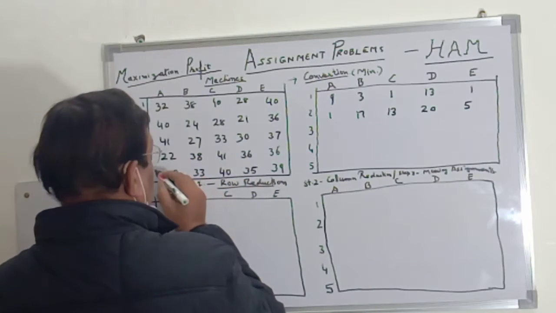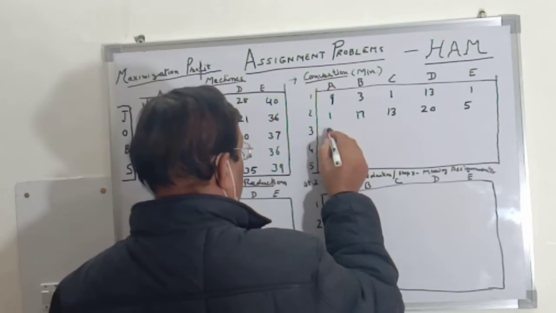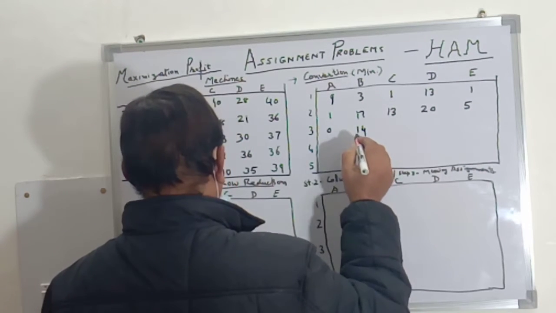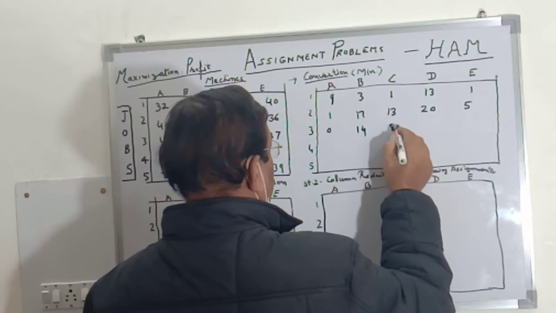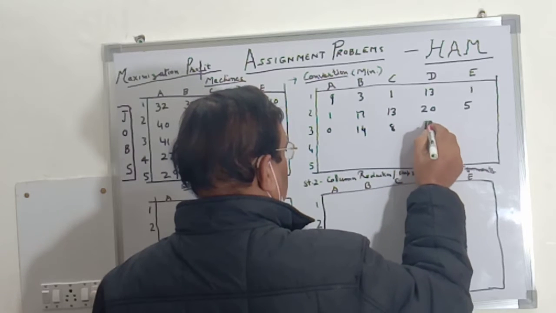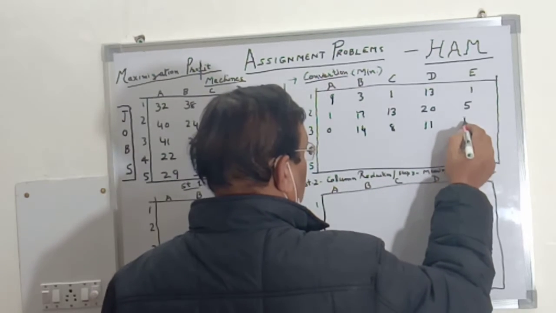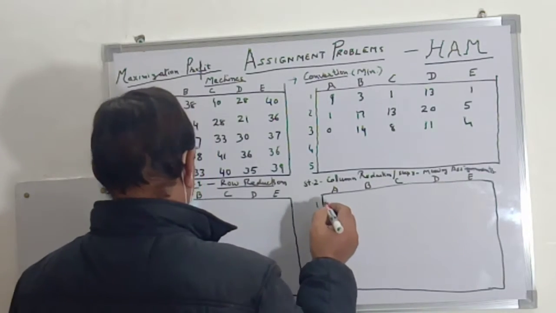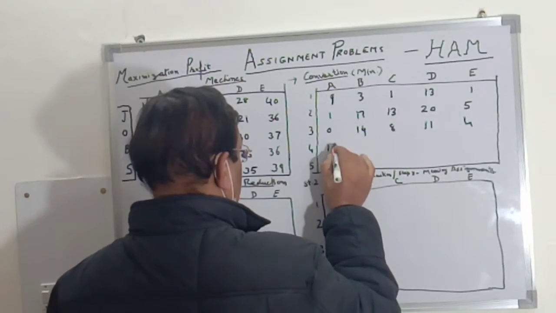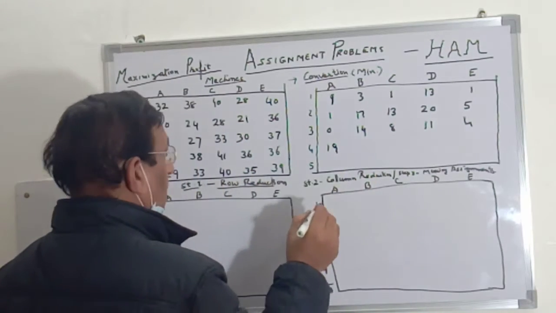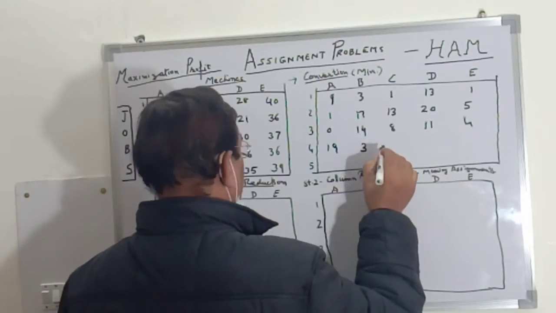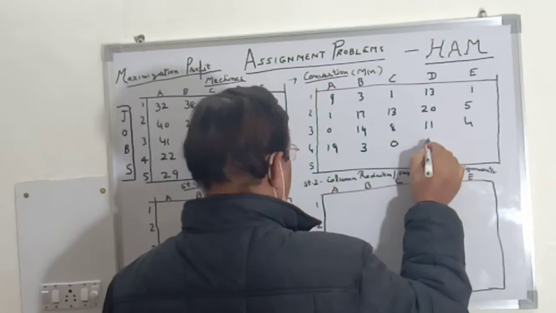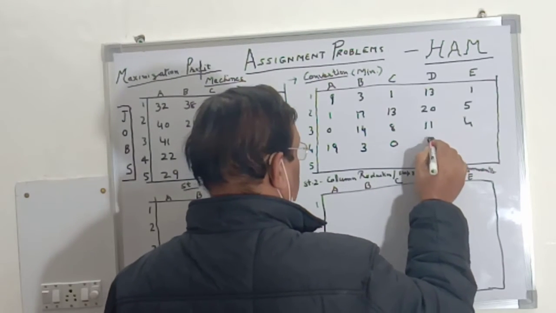41 is the highest number, so 41 minus 41 is 0, 14, 41 minus 33 is 8, 11 and 4. 41 minus 22 is 19, 3, 0 and 5, again 5.